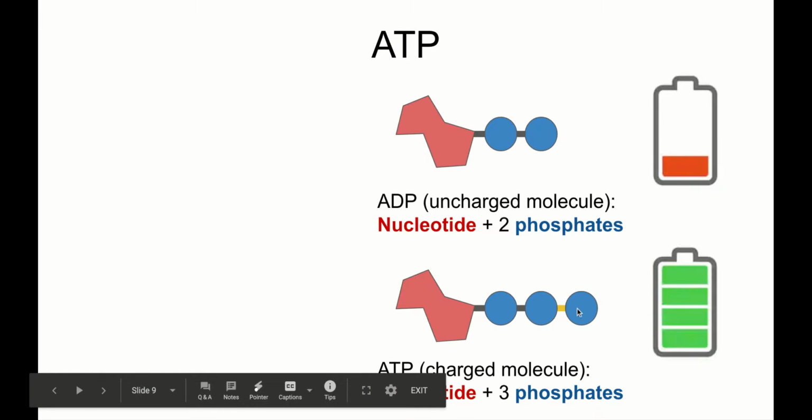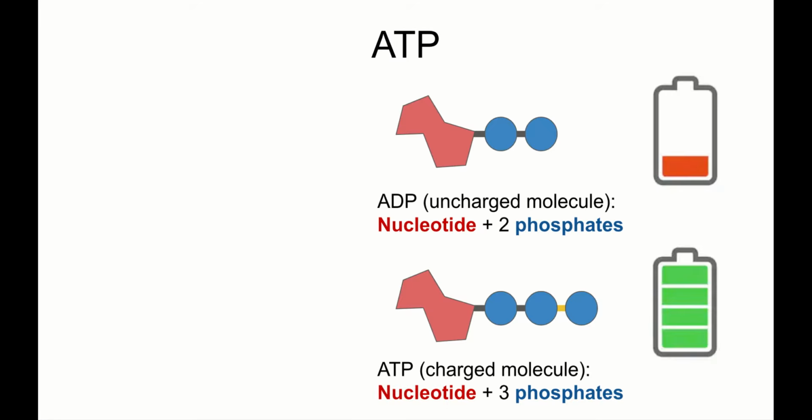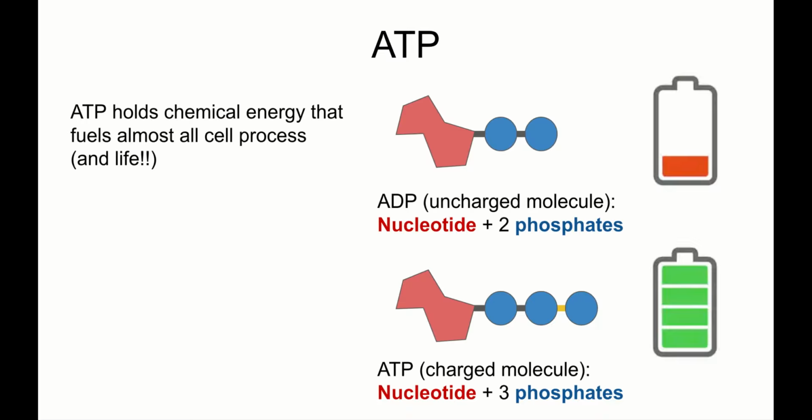So same nucleotide plus three phosphates, and it says charged molecule. And you can kind of see this little yellow bond back down here at the end. This is our energy filled bond right here. So ATP, like we said, holds chemical energy that fuels almost all cell processes and therefore all of life.